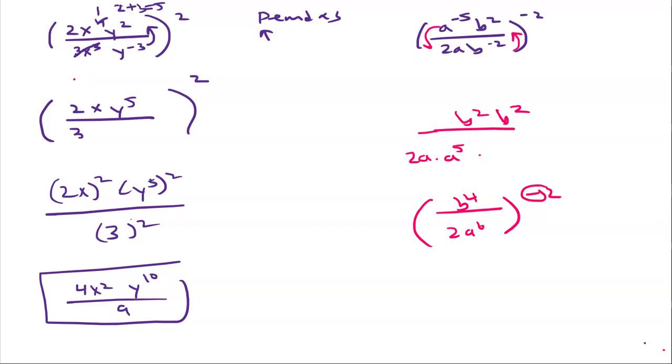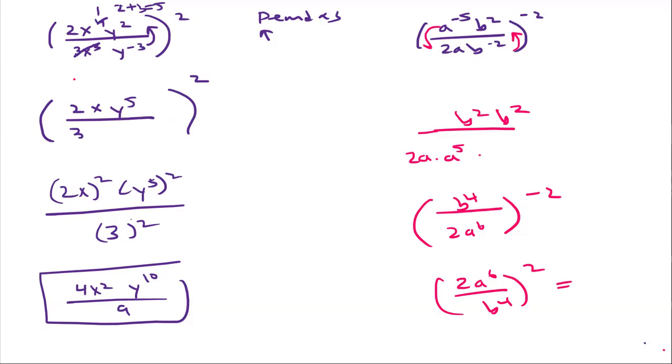Because I have a negative, I can just flip this here. So 2a to the sixth divided by b to the fourth, now raised to the power of 2. Or you could have distributed negative 2 to each of the terms and done it that way too, but this one I feel is a lot easier.